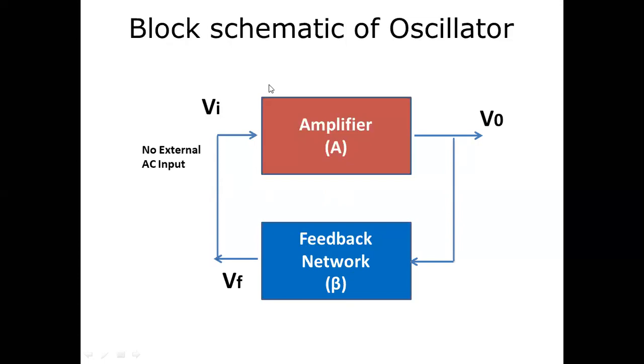As you see in this diagram, we are not using an AC input signal, still it is giving oscillations at the output side. So what is the starting point here? We are using different passive components in this oscillator, like resistors and capacitors, and each passive component has free electrons which are in motion at room temperature.